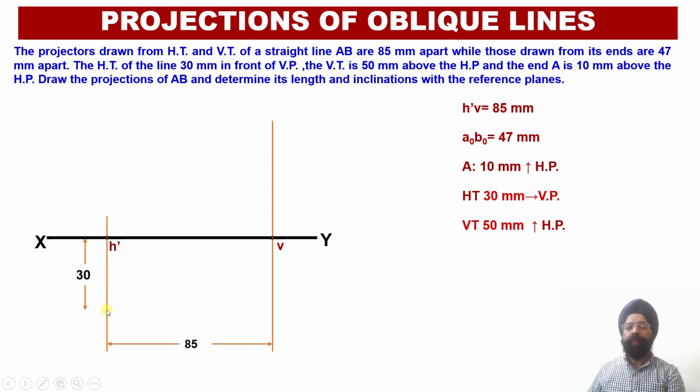Once I mark this distance equal to 30 millimeter, I will be able to obtain the location of the point H. I will obtain the horizontal trace only when my elevation projection line passes from the bottom of the horizontal trace, while from the top point of this horizontal trace my plan projection line will be passing.